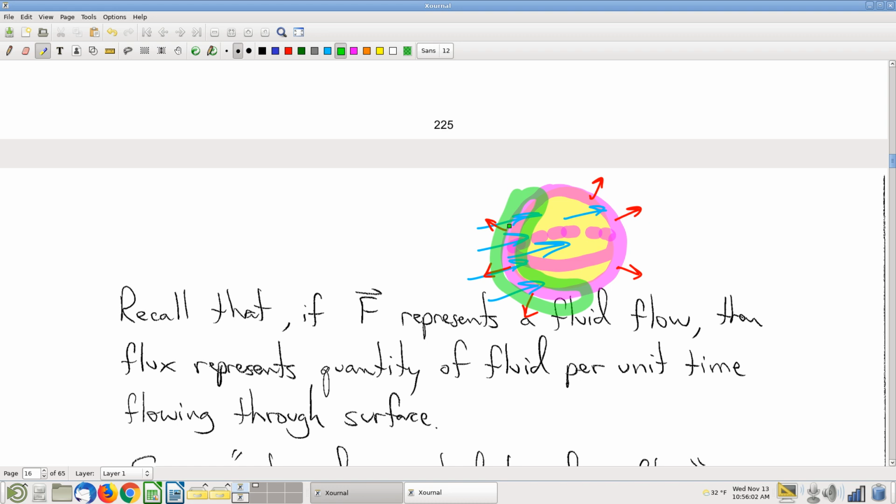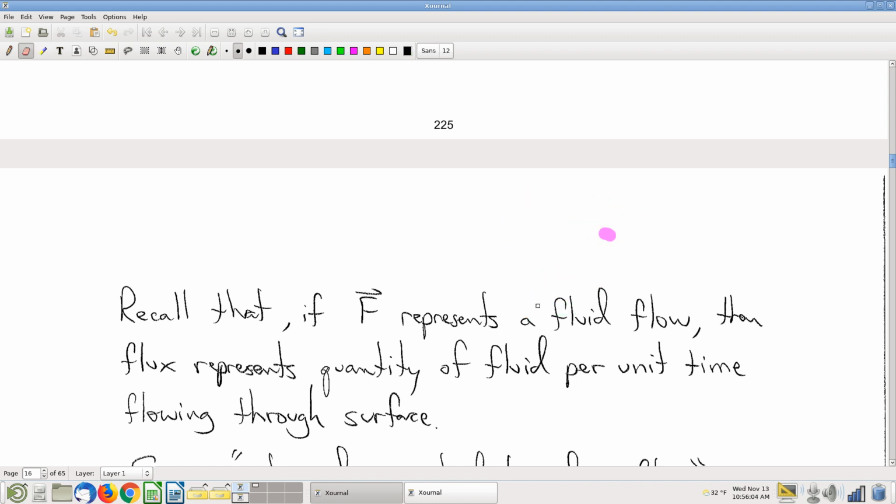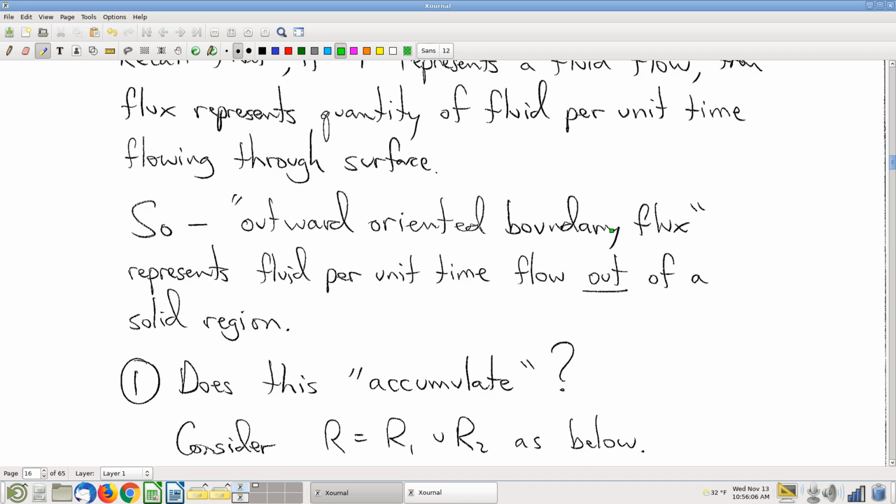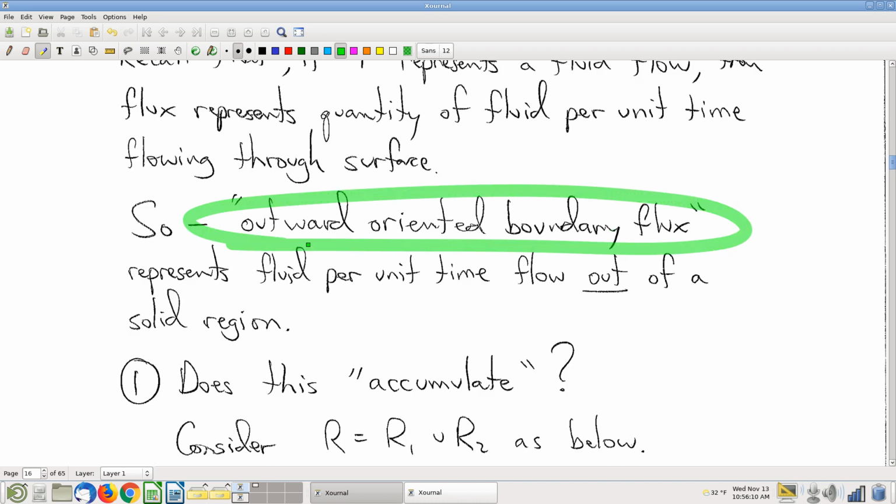All right, so that's a nice point of view, an outward-oriented boundary flux. So another way to think of this object, our accumulating quantity that we're trying to keep track of, is the quantity of fluid per unit time flowing out of the solid region.